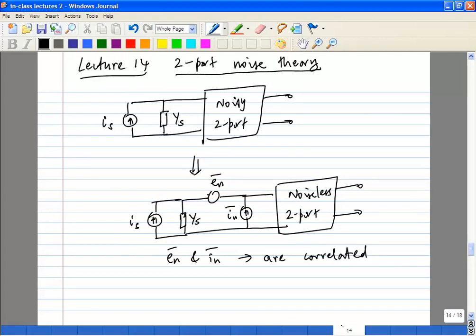You can't change the two port, and the source itself cannot be changed, Is and Ys themselves cannot be changed, but what you can do is find out conditions for how you would connect these two. For maximum power transfer we found out that you can put an impedance matching circuit which converts the impedance. In this case we are going to find what we can do to the source impedance to match it for optimum noise. Is that clear?